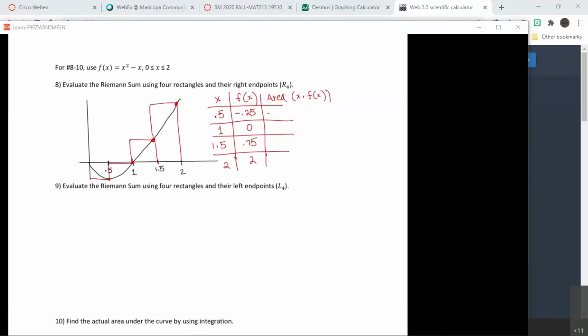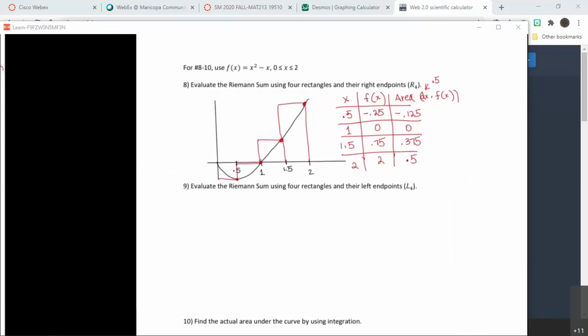Oh wait, it's not the x value, it's the size of x, it's dx. So each one of these is 0.5. So 0.5 times negative 0.25, 0.5 times 0, 0.5 times 0.75, and half of 2, which is 0.5.